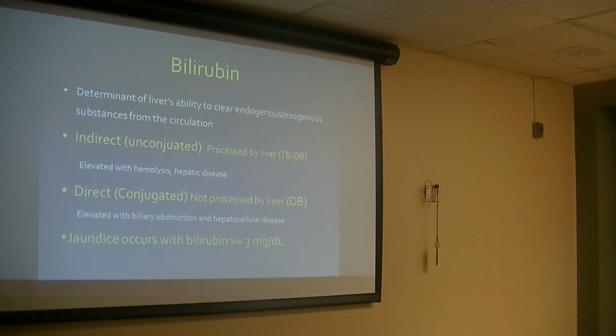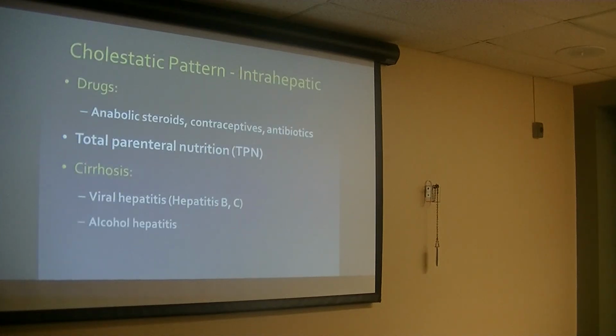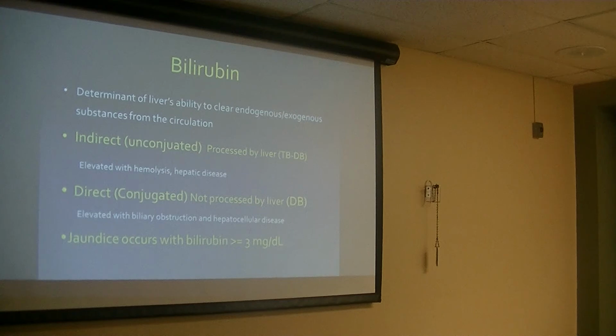Jaundice generally occurs when your bilirubin is greater than 3 milligrams per deciliter. You can really see scleral icterus at a much lower level, probably 1.5, if you look at the patient carefully. So I'll go back over that. Sorry for the error there. The indirect has not been processed by the liver.